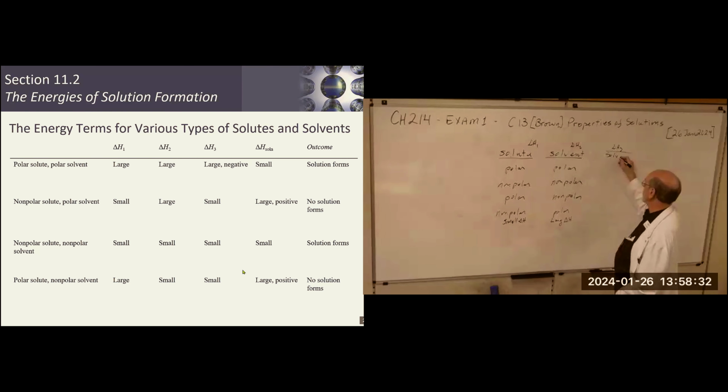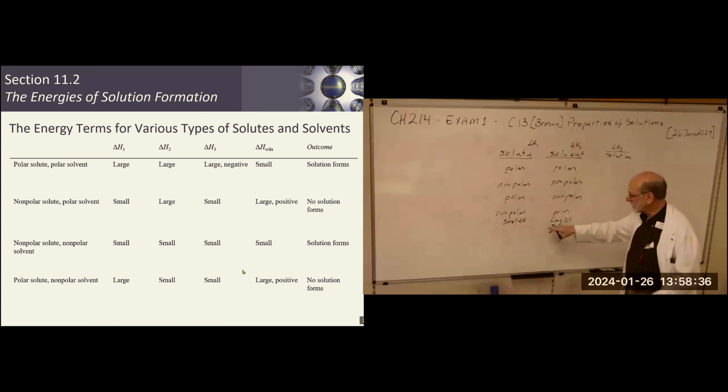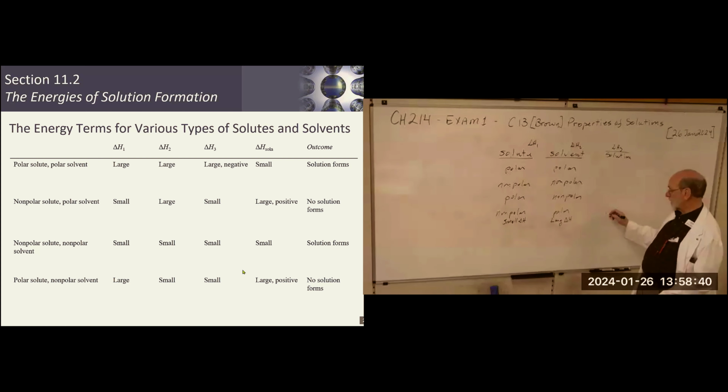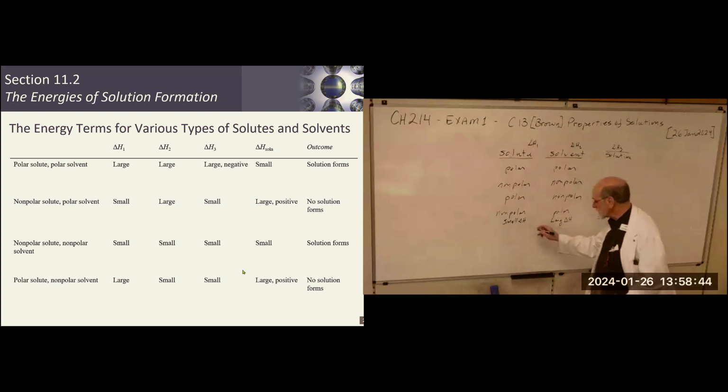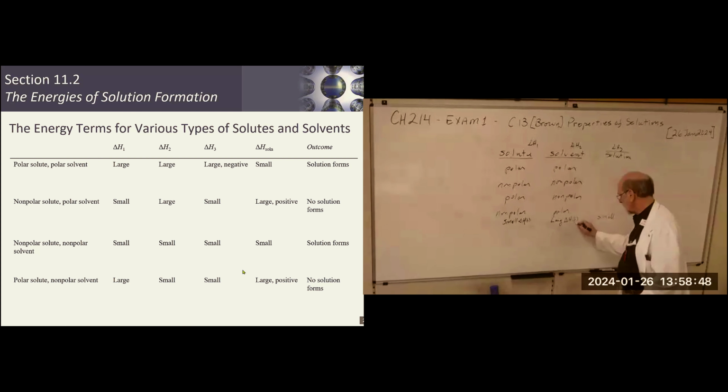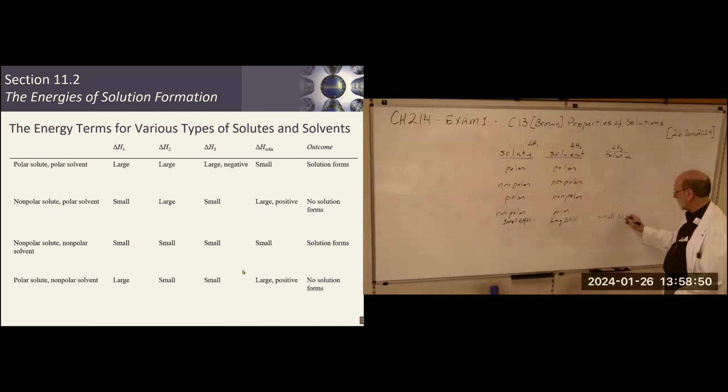Right, for the solution. When you bring these together, once you get them apart and bring them together, what kind of interaction are you going to have between nonpolar and nonpolar? You're going to get a very small one. And this is a small positive delta H, a large positive delta H, and a small negative delta H, very small.